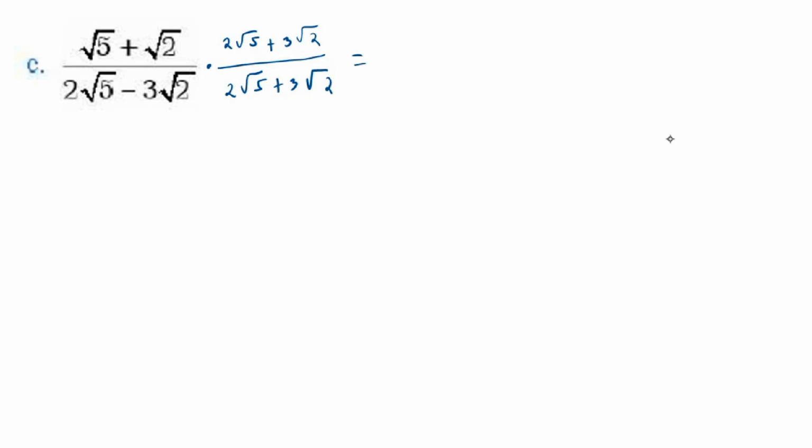Multiplying this, we can write square root of 5 plus 2 square root of 2 times 2 square root of 5 plus 3 square root of 2 all over.